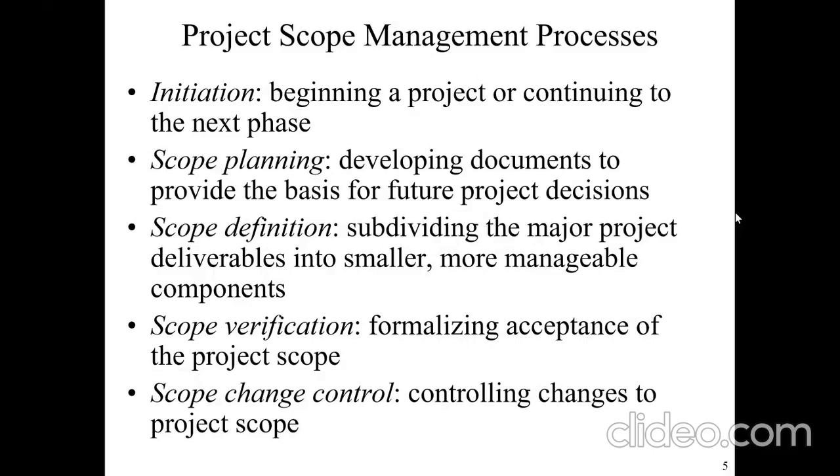So there are a lot of things that happen at initiation. At initiation, we might have to select. As I said, there could be several competing projects that the organization will want to do, but maybe for lack of funds, they cannot do all these projects at the same time. So we'll have to use a selection criteria and pick one that, based on the criteria, will be more beneficial to us at that point in time.